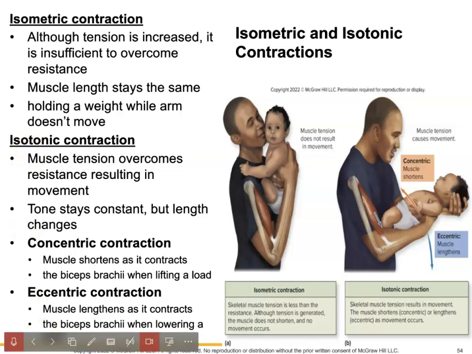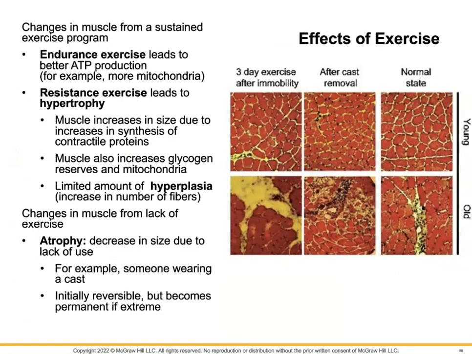The muscle length did. So what happens to your muscles when you exercise? Well, it depends on what type of exercise you do. Endurance, which is aerobic exercise, or exercise that is going to provide more resistance and muscle building. So endurance exercise is moderate activity that increases your heart rate, like when you're running for a few miles.